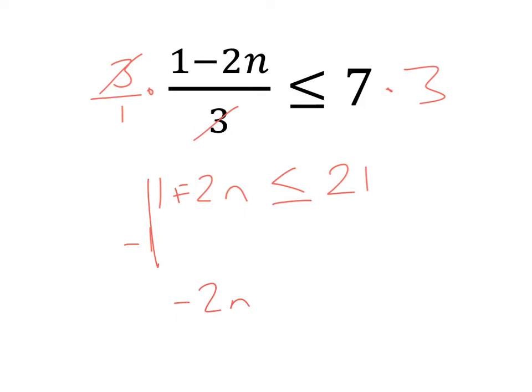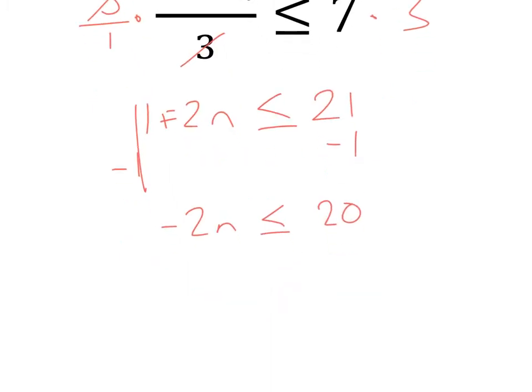So when I do that, I've got negative 2n over here. And then on this side, I also want to do minus 1, so 21 minus 1 is 20. I haven't divided by a negative yet, so I'm going to keep this there. But notice here, to solve this, I have to divide by negative 2. Negative 2 divided by negative 2 is 1. 20 divided by negative 2 is negative 10.